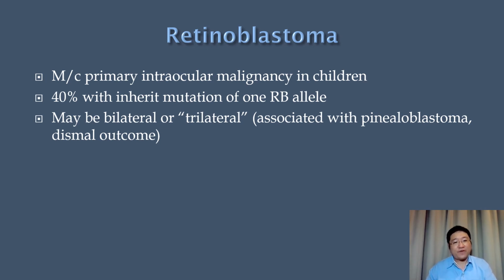It can affect both eyes, which is bilateral, and sometimes the patients may also have pinealoblastoma, the malignant tumor of the pineal gland. This is rare, but it can be seen. So we will call those with retinoblastomas in both eyes and also pinealoblastoma trilateral retinoblastoma, trilateral, three sides.